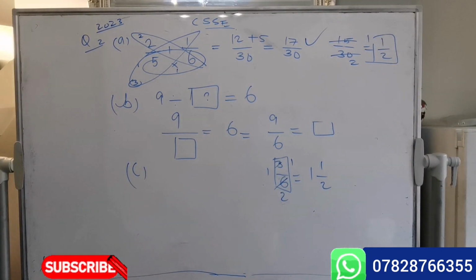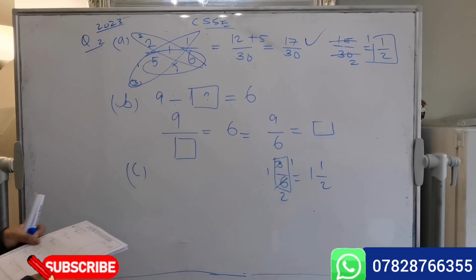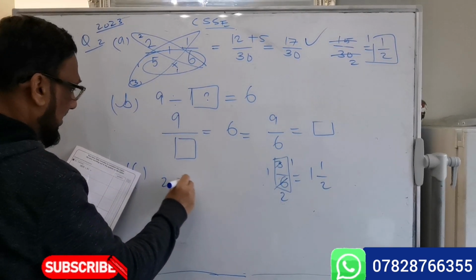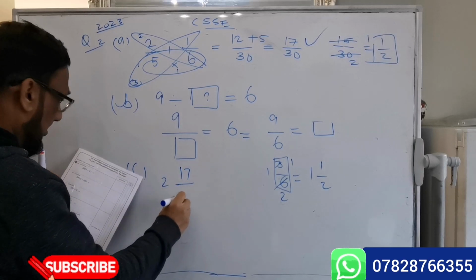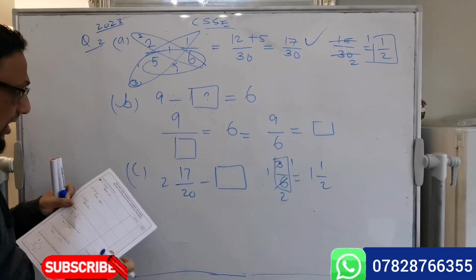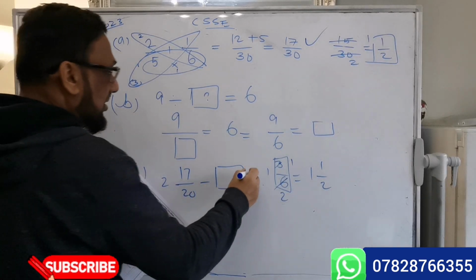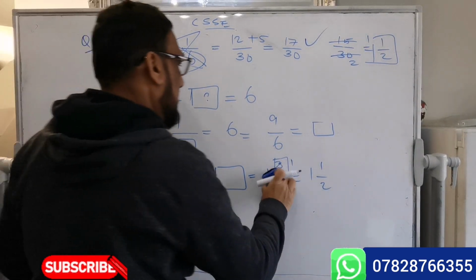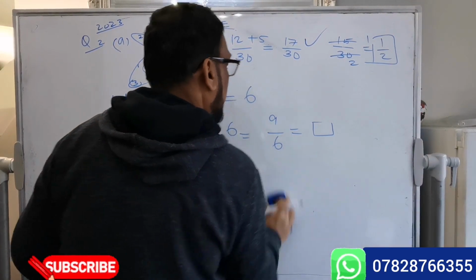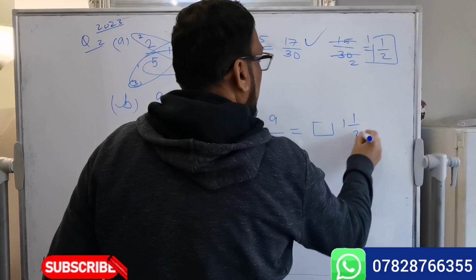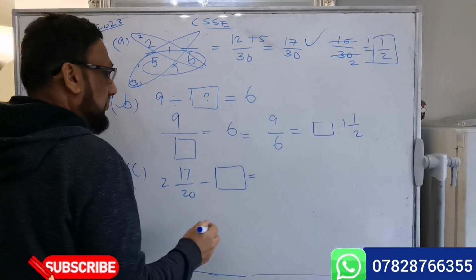In part C, the question is 2 and 17 over 20, and then they say box, and after the box it says equal to 1 and 3 over 5. The answer you get here, I can write here, is 1 over 2, your final answer when you simplify.